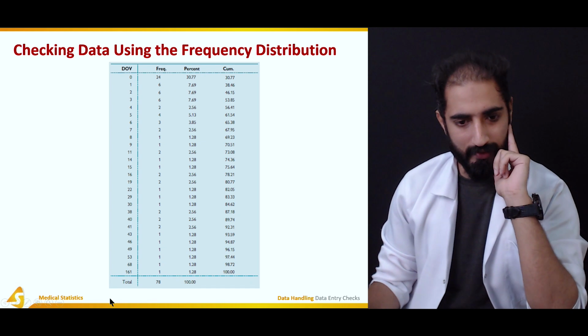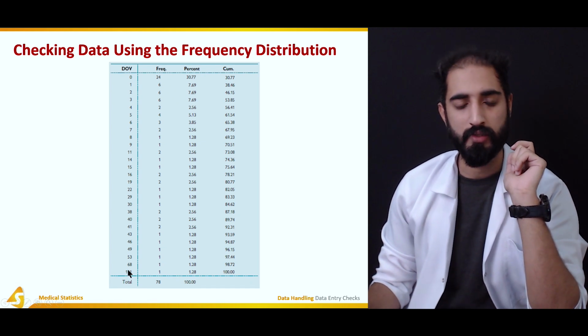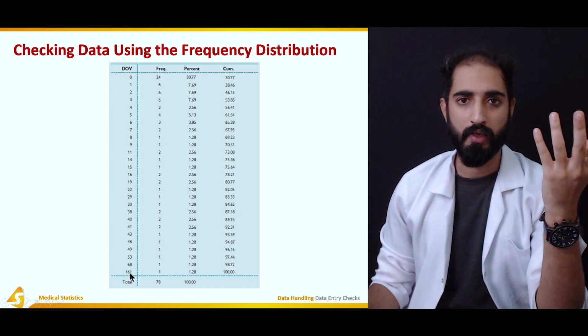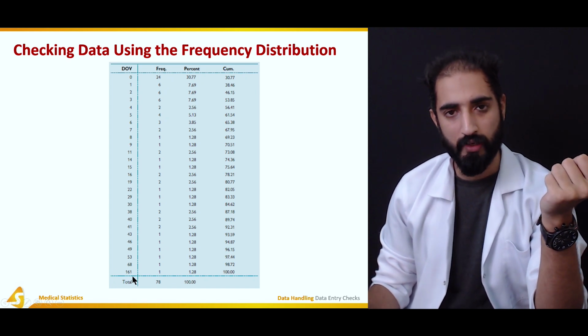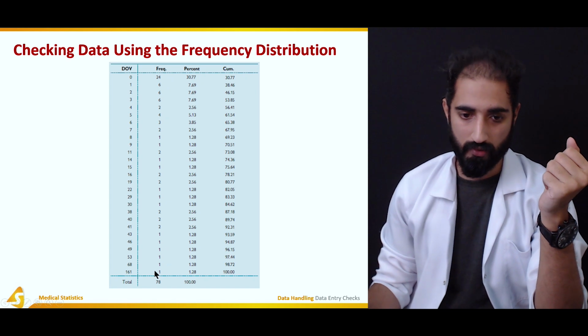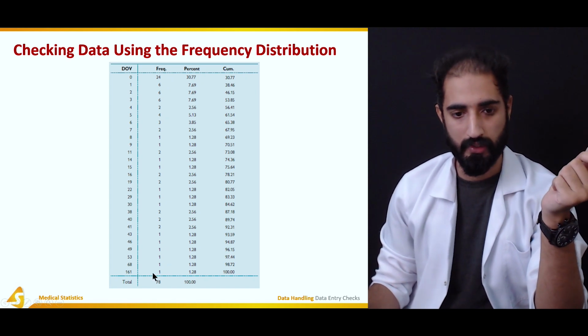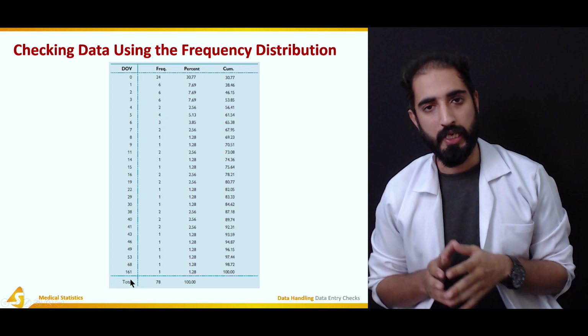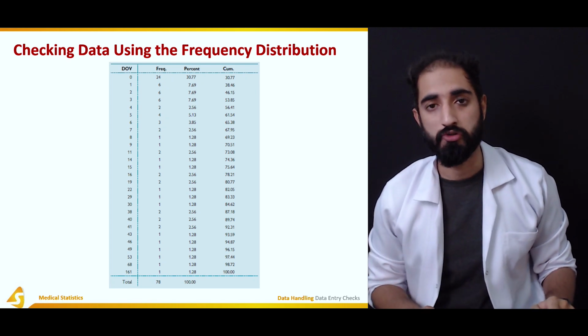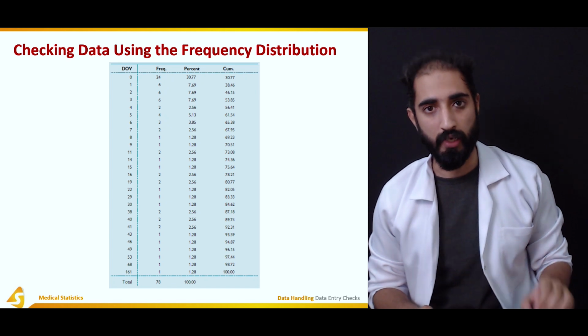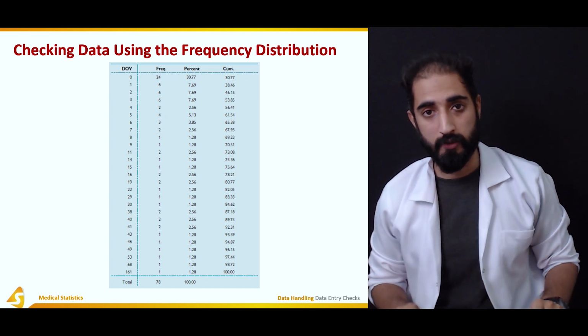But there is this one value which seems like an outlier. It may be a mistake, and it is only one entry for this DOV. So we need to revisit the data and check if this one is by mistake or if it actually is present in the data.